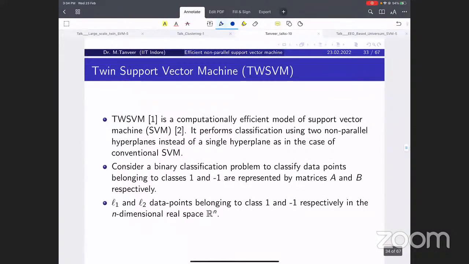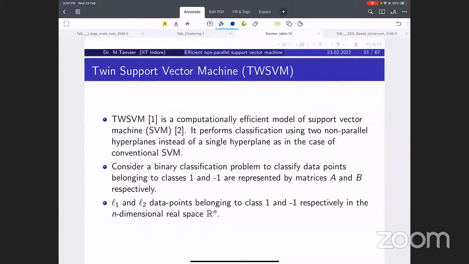So now, moving ahead, first I'm thinking to discuss the concept of twin SVM. We already discussed what SVM is, and now I'm moving slightly up, or I can say to some advanced formulation that addresses the issues in SVM.